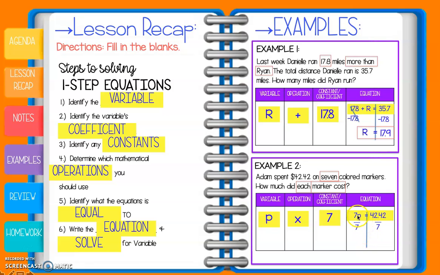We have a times by 7 and a divide by 7, and those cancel, and we're left with just a P, or just the price. Now we're going to divide on this side. We have $42.42 divided by 7, and we get $6.06. So our final answer is that the price of each marker was $6.06.